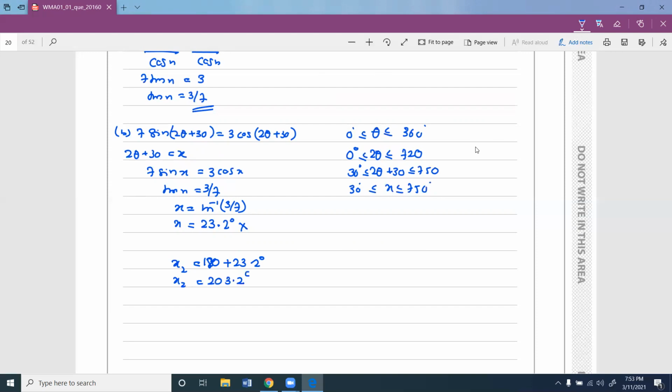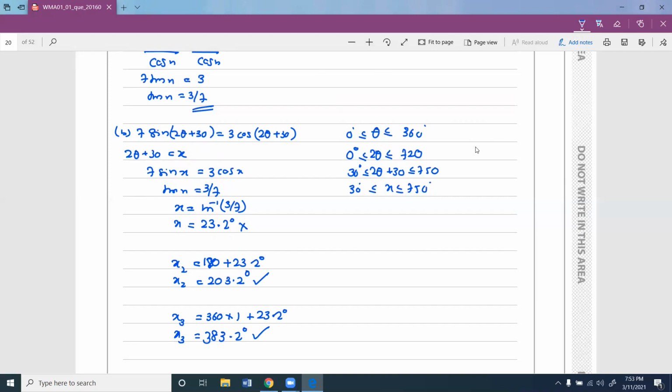This is within the range, not a problem. Then the third angle is 360 into 1 plus the first angle, 23.2. So x3 is 383.2. This one is also within the range.